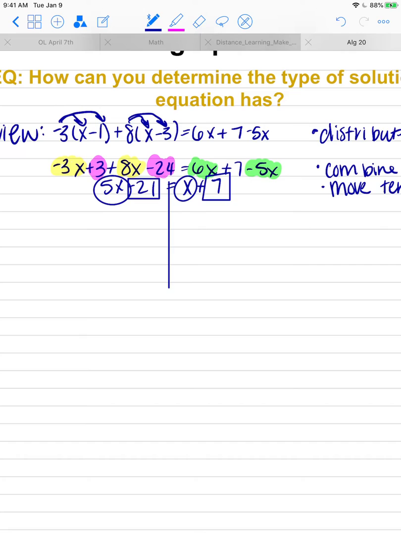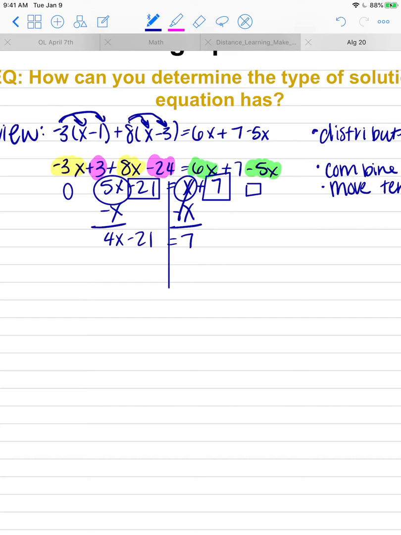And I like to move the smallest coefficient for the variable first. So I know that my circles are going to be over here, my boxes are going to end up over here. So I'm going to subtract x from both sides to get rid of it, doing that opposite operation. That gives me 4x minus 21 equals 7.